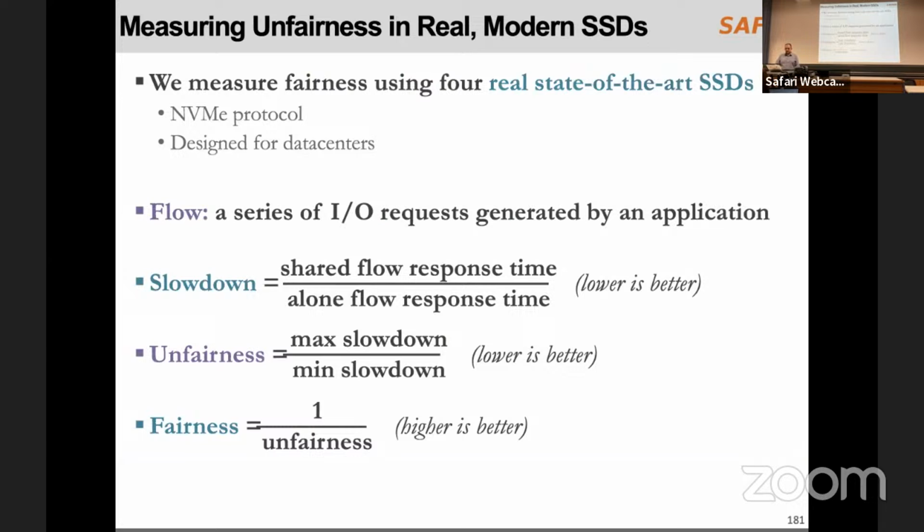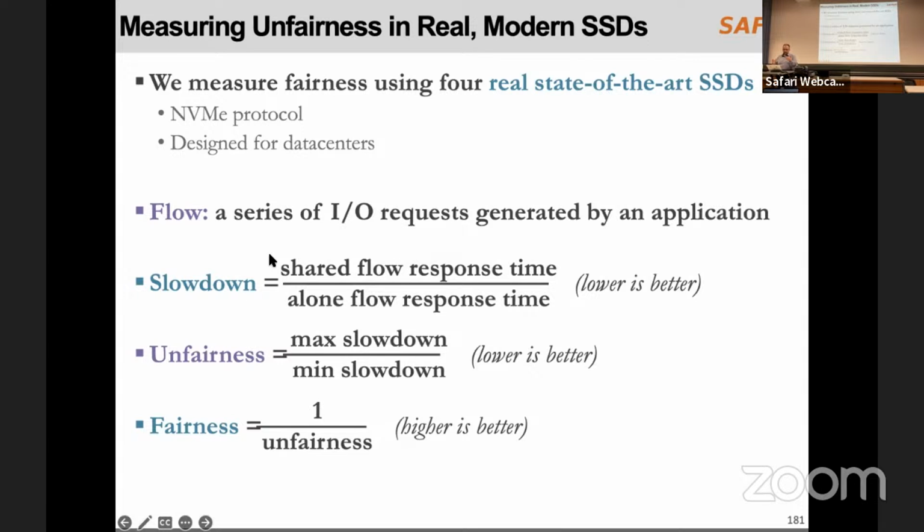So we have done some experiments on real systems, and we defined some metrics for slowdown and unfairness. This is not actually our terminology: a flow is a series of IO requests generated by an application. We consider slowdown as a metric: we run this flow alone and capture its response time, and we also run this flow in a shared manner and measure the response time.